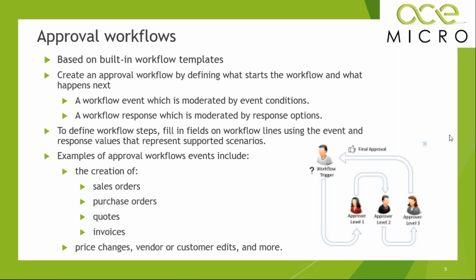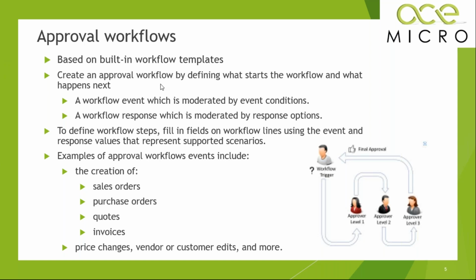It could be approver one is able to approve anything under $10,000. If it's over $10,000, maybe it needs to go to another person at $50,000. And this is maybe like a PO or an invoice. If it's over $100,000, it needs to go to a third level approval. So there's just basically the logic of what needs to be approved and who the approvers are based on what conditions.